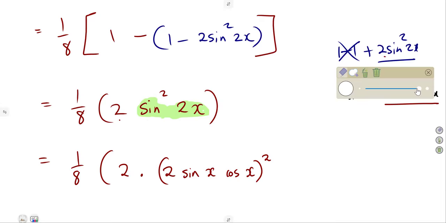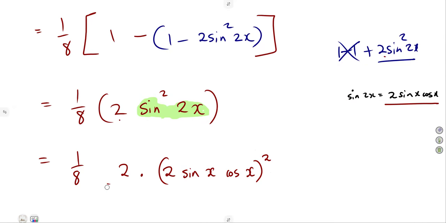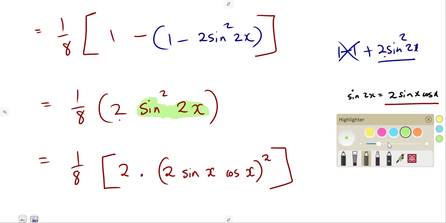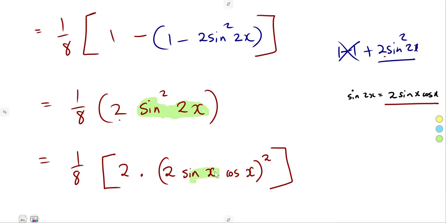So there we must be very careful about this. We are going to square it. So this is it. We have substituted what represents the sine of 2x as its equivalent, 2 sine x cos x. But it was being squared. So this is the square. Let's square it and see.